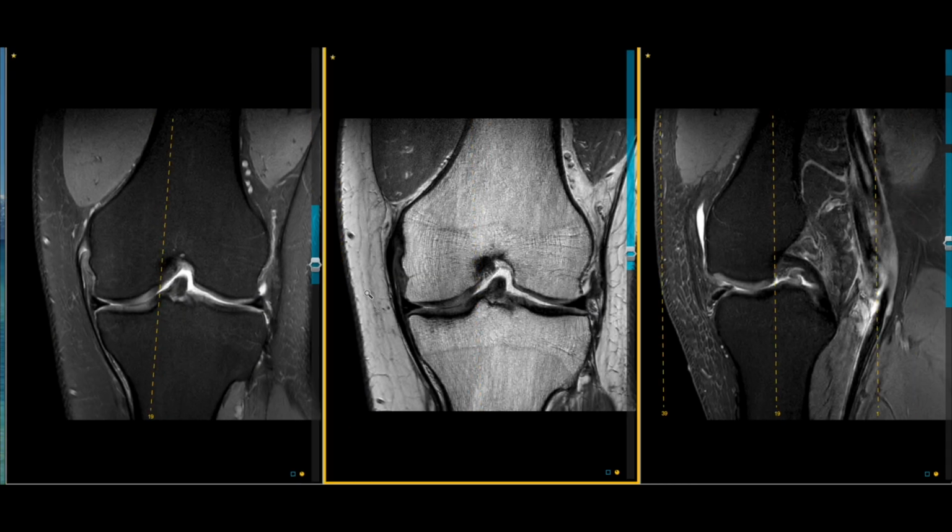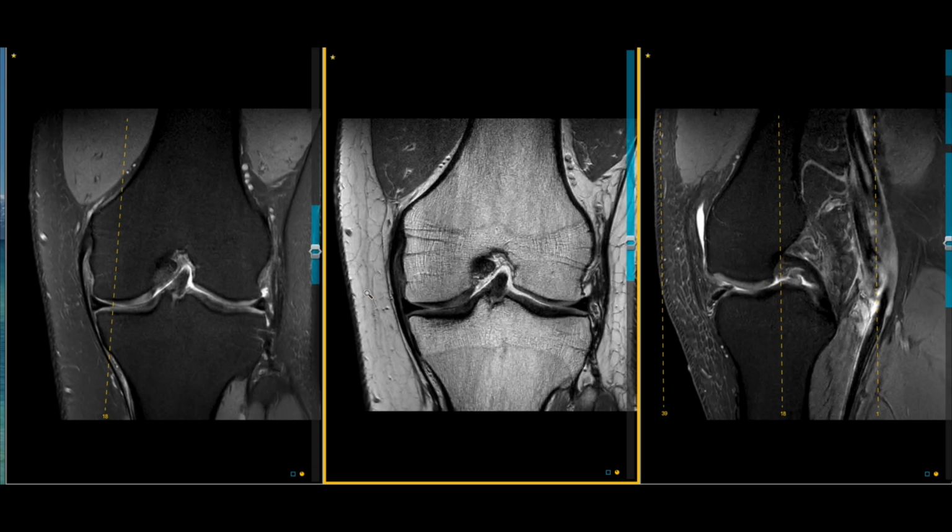This is a 12-month follow-up MRI demonstrating the outcome referred to as a reduced thickness healing with elongation.